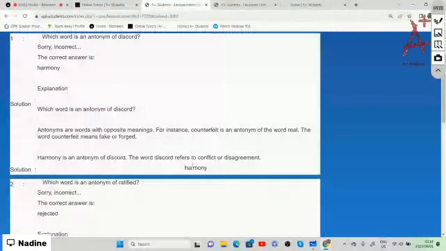Antonyms are opposite in meaning. It means fake or forged.